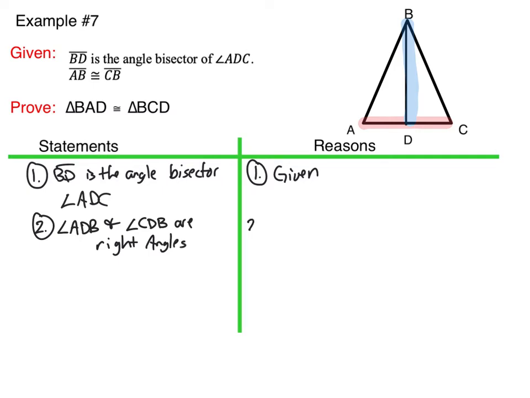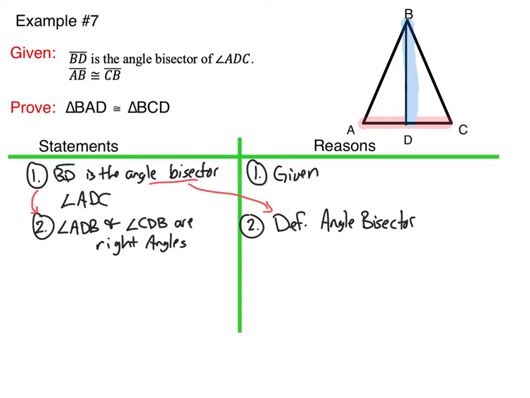All right, and the reason there is just because I took a straight line and cut it, I can say that's just the definition of an angle bisector. Right, we came right from angle bisector and used that. So 1 led into 2.